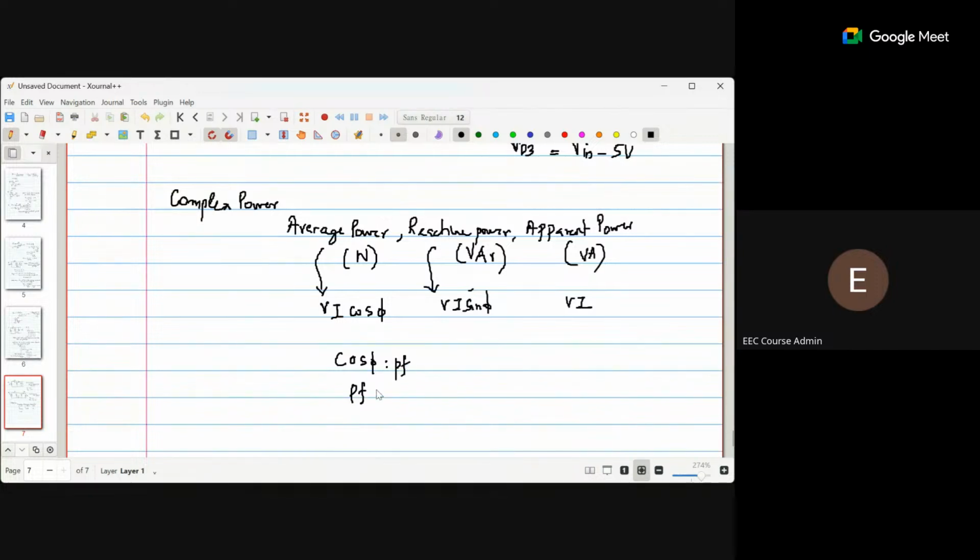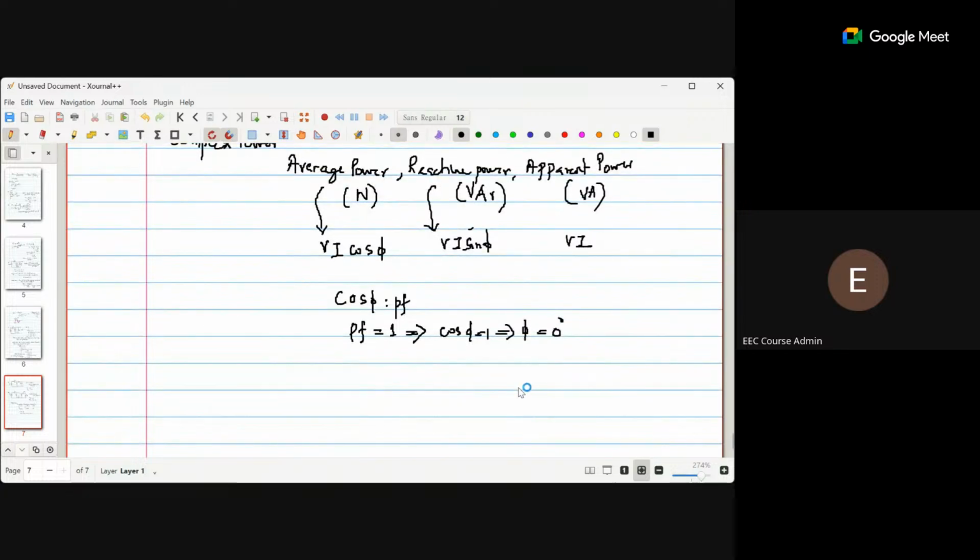So if the power factor is 1, that is unity power factor, it implies that cos phi is 1 or phi is 0. Phi means the phase difference between the voltage and current, which is 0, meaning they are in phase. That happens with a resistive circuit.